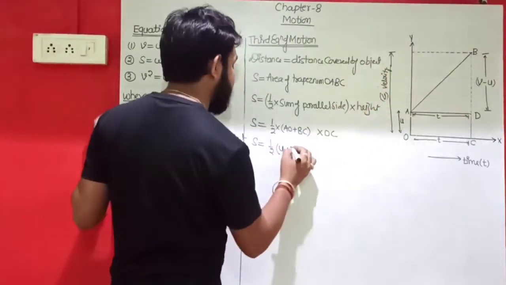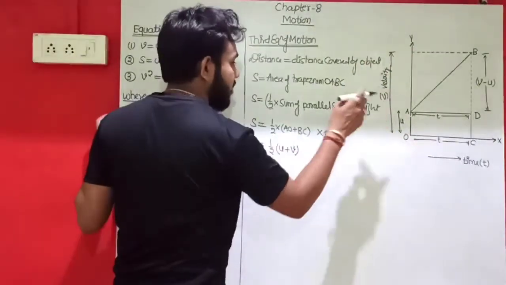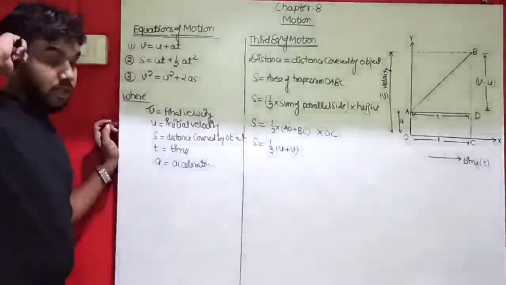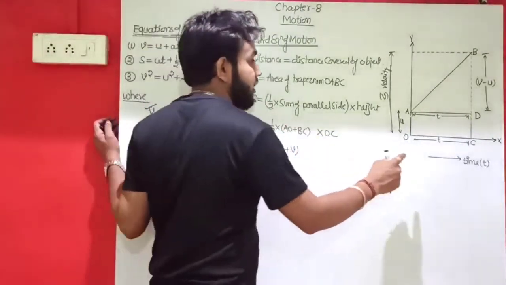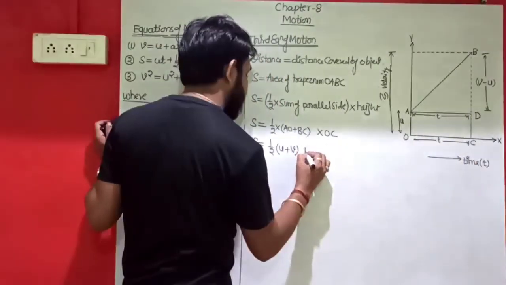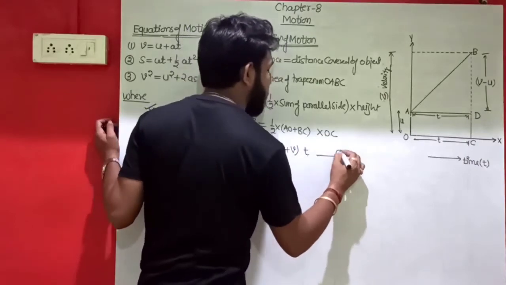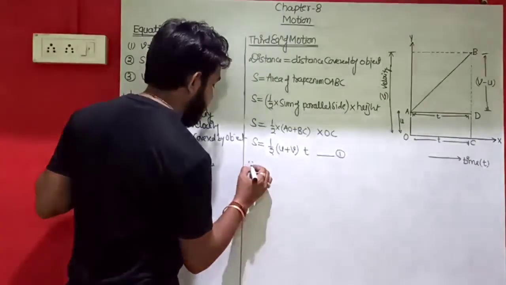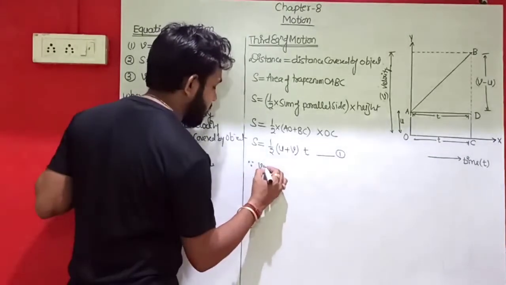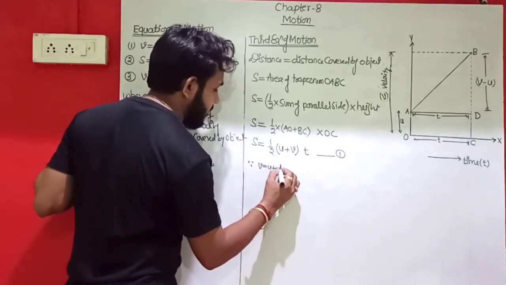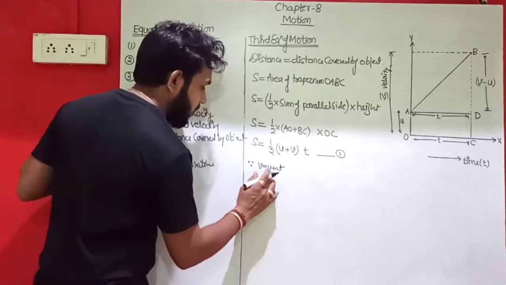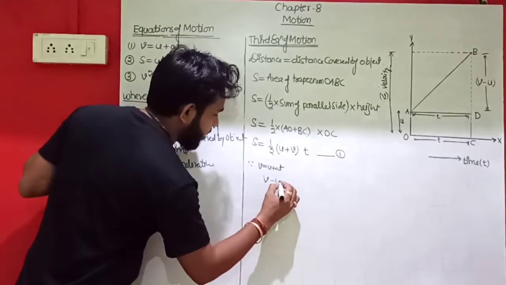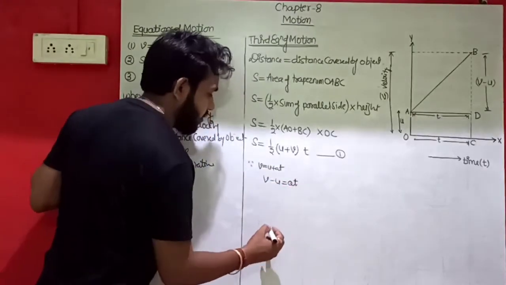Now next S equal to AO, what is AO, that is U plus BC, that is V total velocity okay. And what is OC, OC is the time, T for time, equation number 1. Now we know that जबकि V equal to U plus AT, then V minus U equal to AT okay.